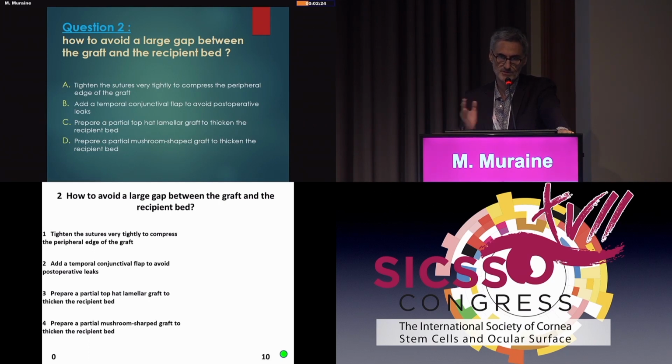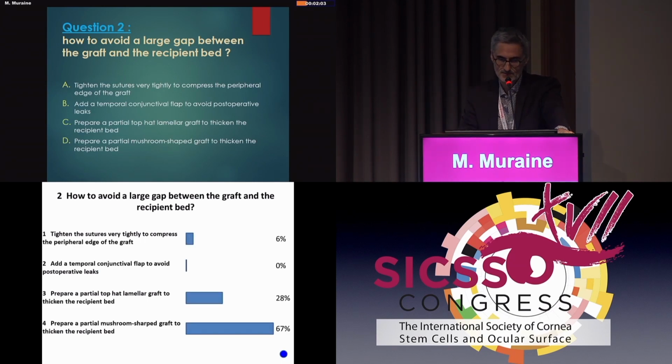So you remember that the cornea is very thin at the periphery. You have already bared Descemet's membrane, and there is a risk of gap if you suture a normal corneal graft.